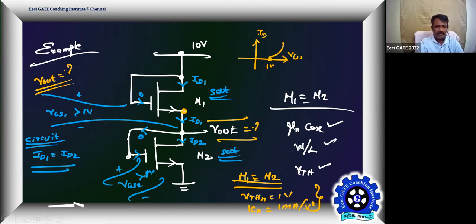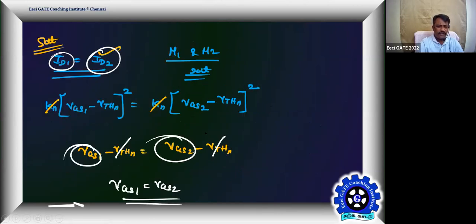That's the information we get because the circuit forces ID1 equal to ID2, and because Kn1 and Kn2 are identical, we can cancel them. The problem is easy. If Kn1 and Kn2 are different, we can still derive a conclusion between VGS1 and VGS2, but they will be a little different. Getting the point, everyone?